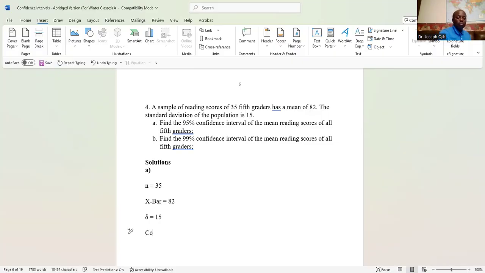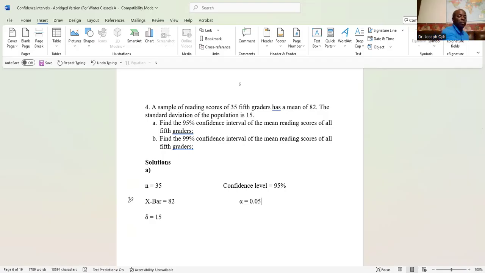Since the confidence level for part A is 95%, which means your alpha, your chance of being wrong, will be 5%, which is 0.05.